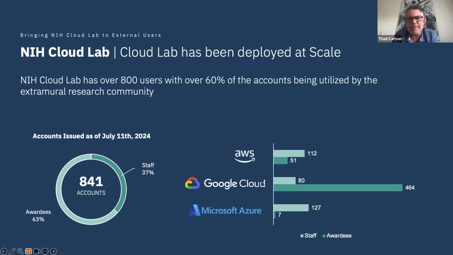I would say it's probably 1/3 traditional researchers and 2/3 students of the extramural accounts. That's roughly a little over 500. And then the internal ones would be much more oriented to researchers.